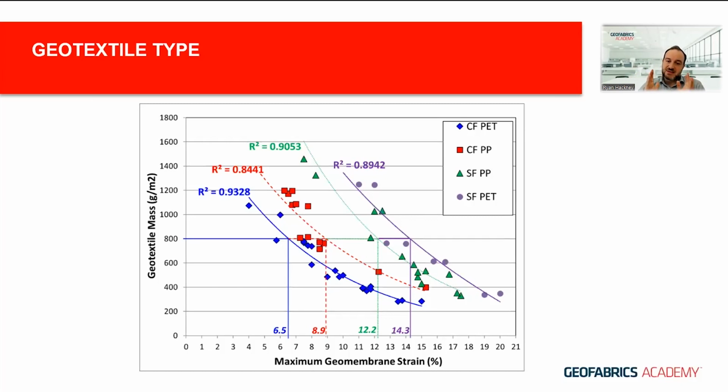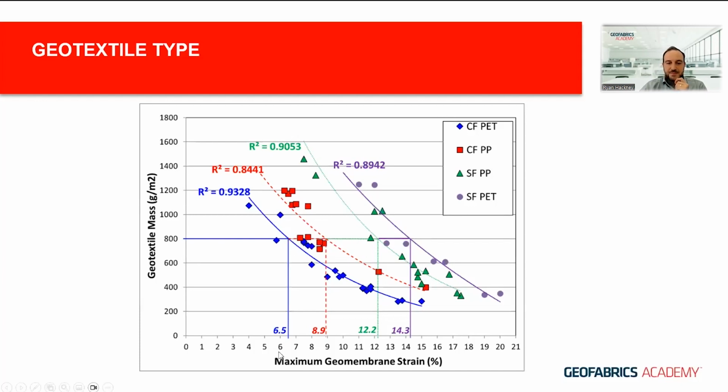So as I say, this has all been tested at the same stress, the same rock profile, the same geomembrane, just those different data points and different geotextiles with different masses and different polymer makeup. So the example that you can see here is if you were just to specify an 800-gram mass per unit area geotextile, you're going to get a very different result depending on the polymer type.